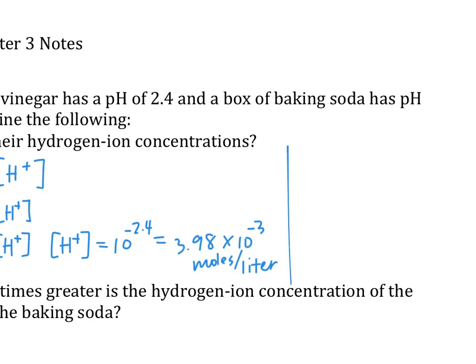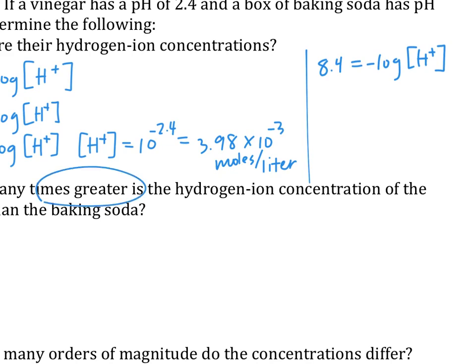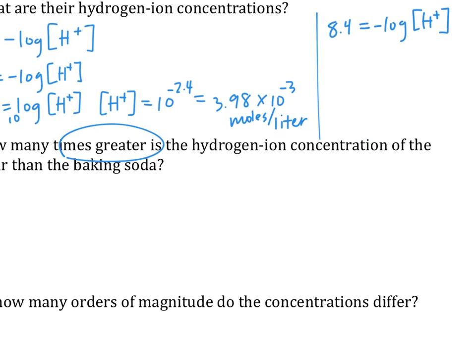Okay, now you're going to do the same thing for baking soda. Baking soda is 8.4 pH. Okay, so do that, and then what you're going to do is B and C. How many times greater is the hydrogen ion concentration, and then how many orders of magnitude is the difference in the concentration?